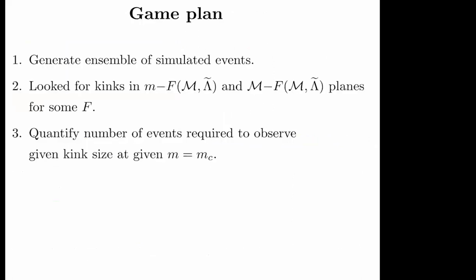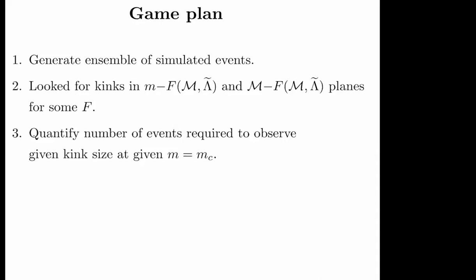That's the signature that we're looking for here. Now, the game plan here, and this is a rough game plan, I'll make this more precise in the coming slides, is to generate an ensemble of simulated events. Some events will have quark-matter cores, some will not. We'll look at a bunch of different candidate MR curves.